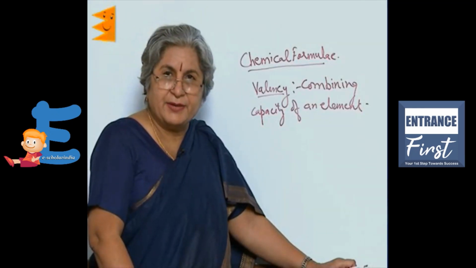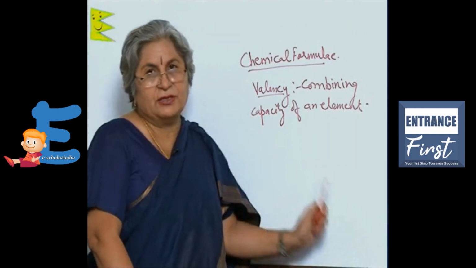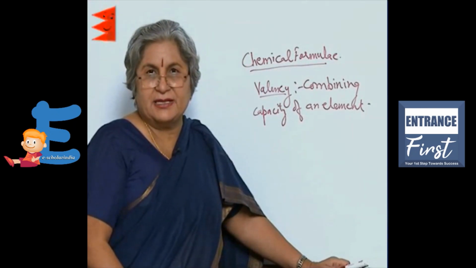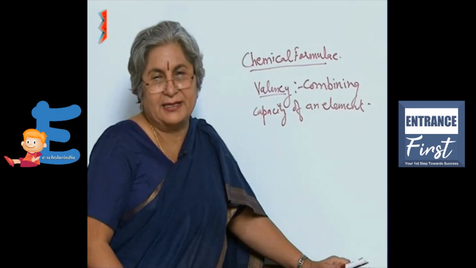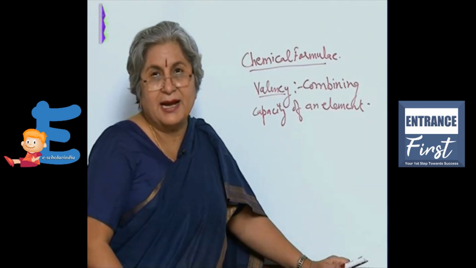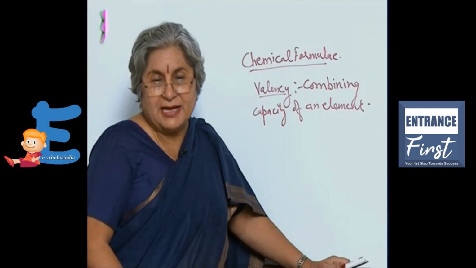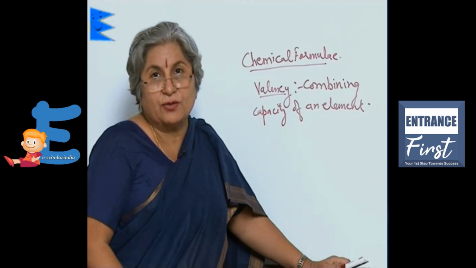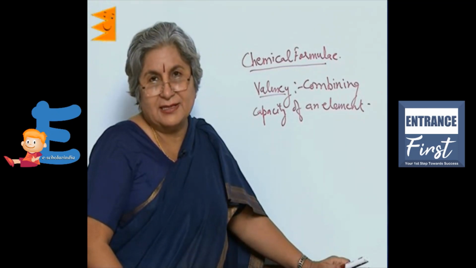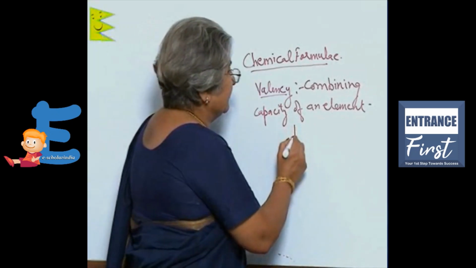So, to write a chemical formula, we ought to know the valency of the element. And the valency is normally denoted as negative or positive, because it depends upon how that atom is going to combine. For example, sodium can lose one electron, and as a result, we denote it as 1 positive.